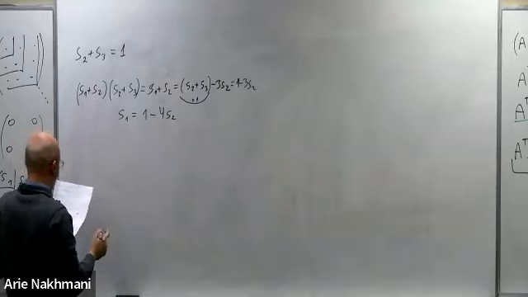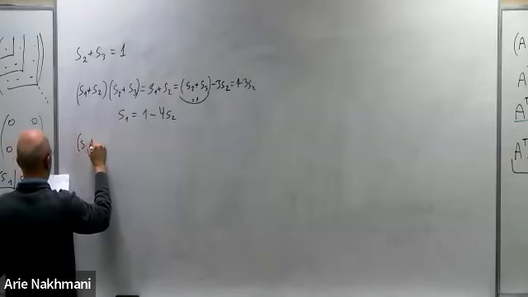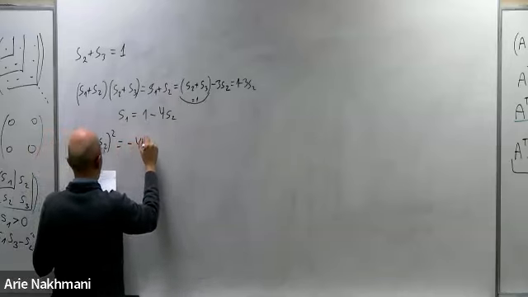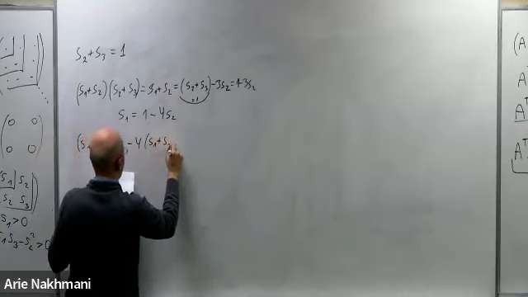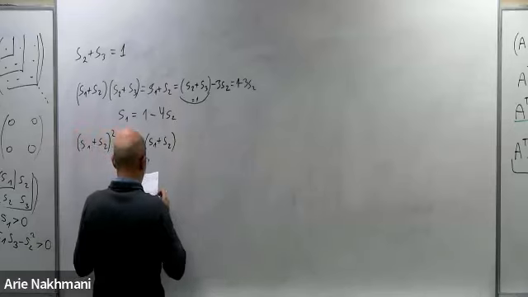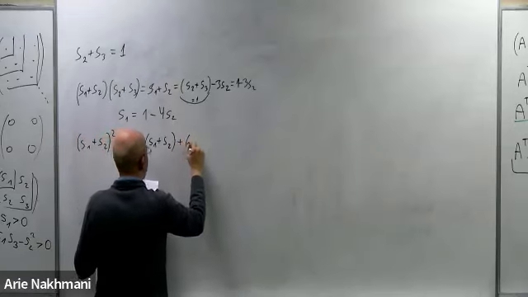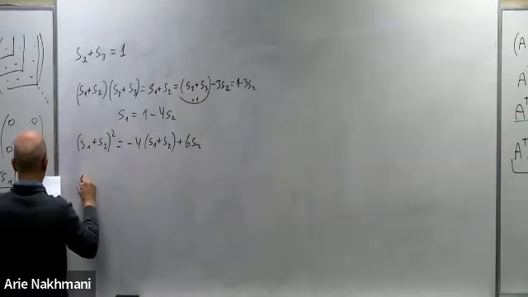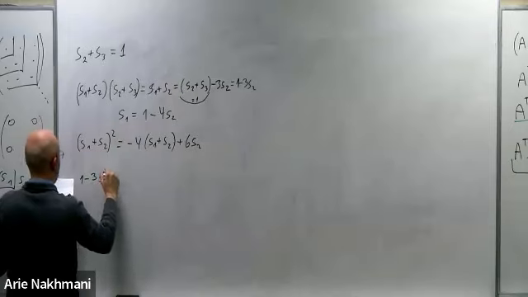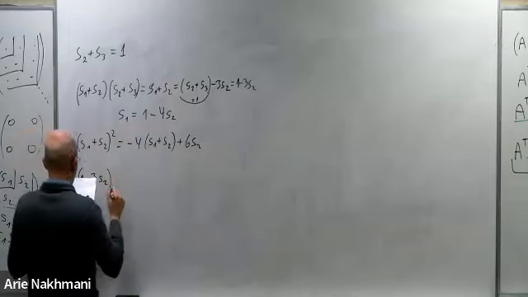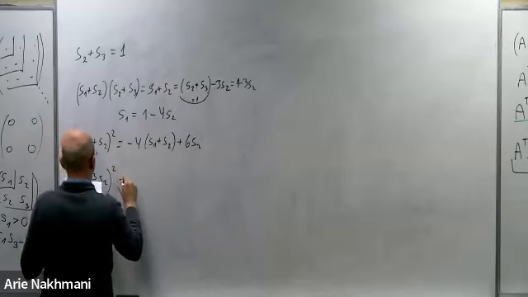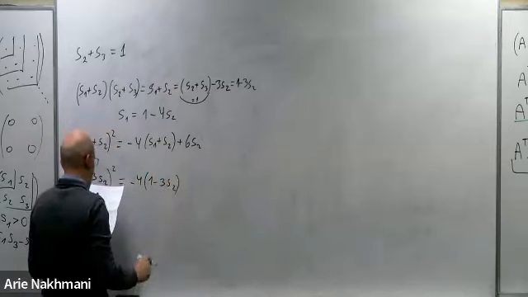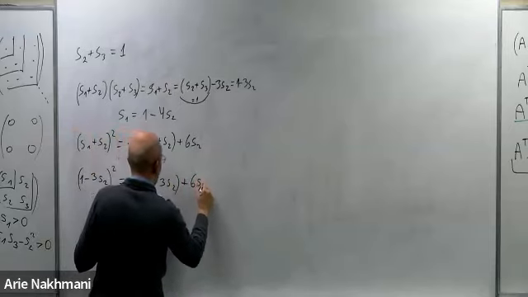Okay, and from the third one, you get S1 plus S2 squared equals -4 times S1 plus S2 and plus 6 S2. So 1 minus 3 S2 squared equals -4, 1 minus 3 S2 plus 6 S2.